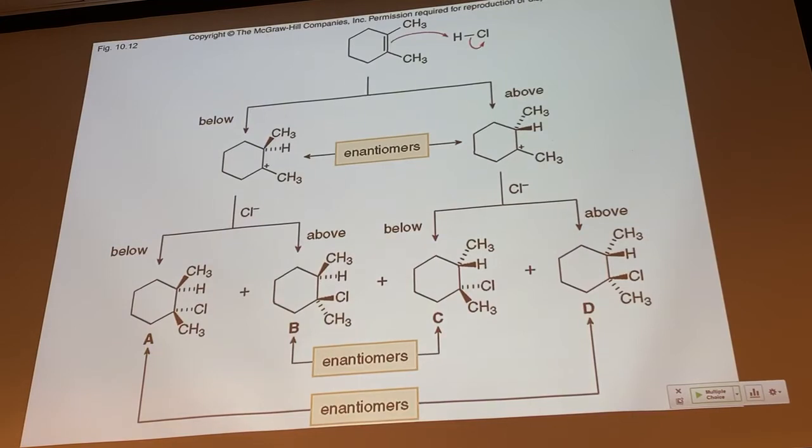So will A and B be formed in equal quantities, or will there be a major product? Yeah, we're going to have A as the major and B as the minor, because that chloride is going to come from the bottom. The same argument applies over here. The chloride's going to attack from the top faster than the bottom. And so D is going to be major over C.